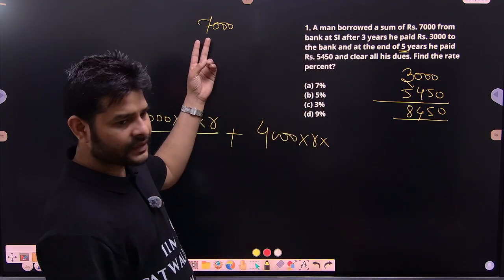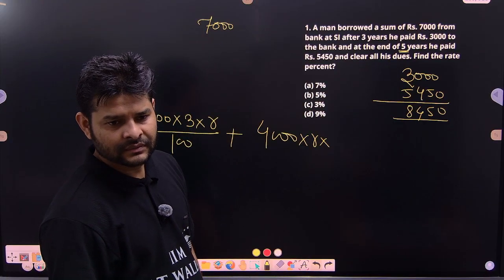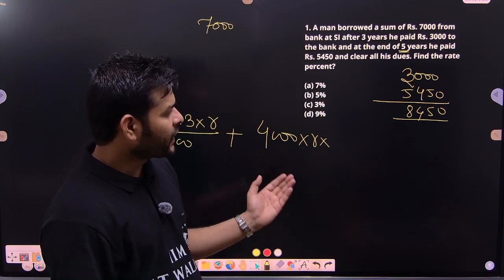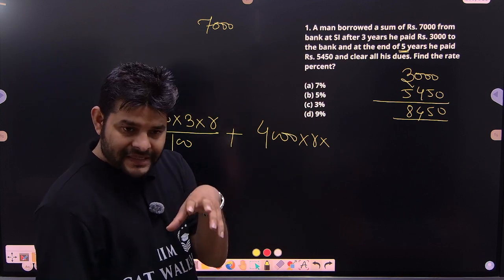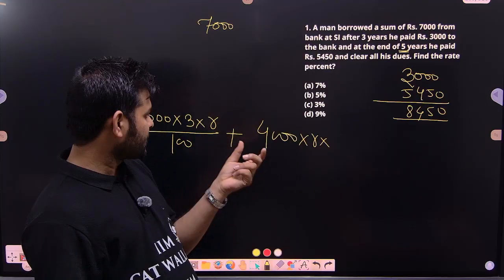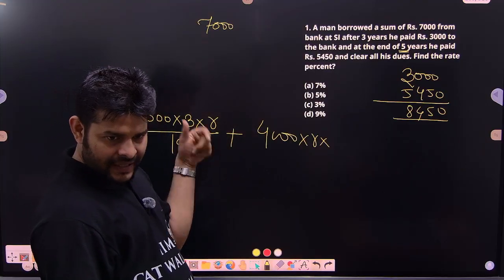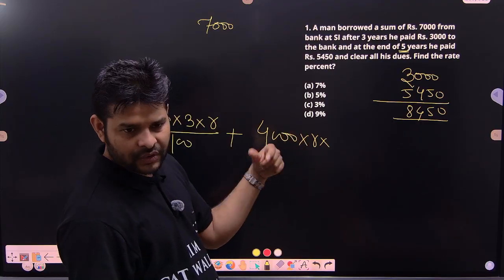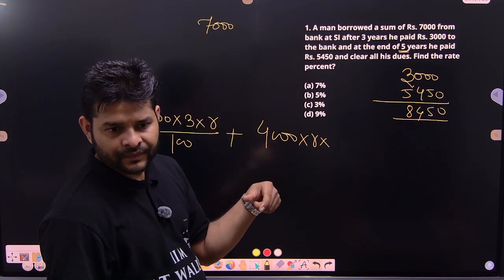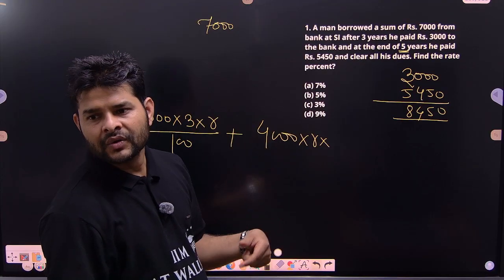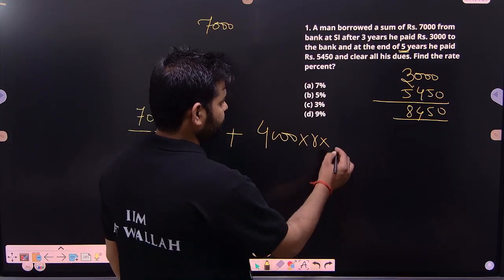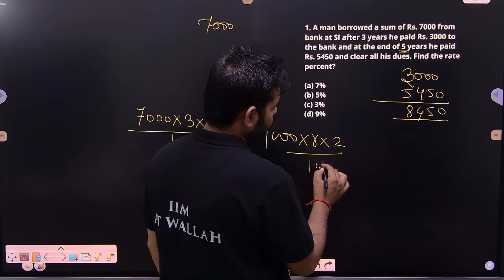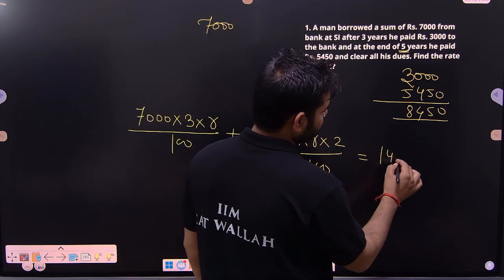But he had taken 7,000, so 1,450 is SI. But SI will be calculated in two parts: first on 7,000, then on 4,000 for 2 years, and that value would be equal to 1,450.